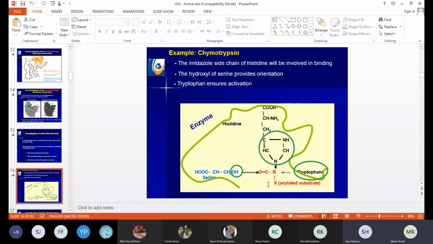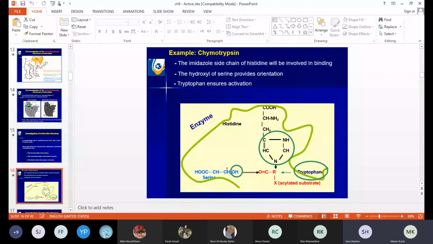You have the hydroxy group of a serine that's involved in the orientation, and you have the tryptophan also present in this active site that will ensure the activation and the catalysis of the reaction. So I have this catalytic triad for chymotrypsin, which is serine, histidine, and tryptophan, important in the mechanism of chymotrypsin.